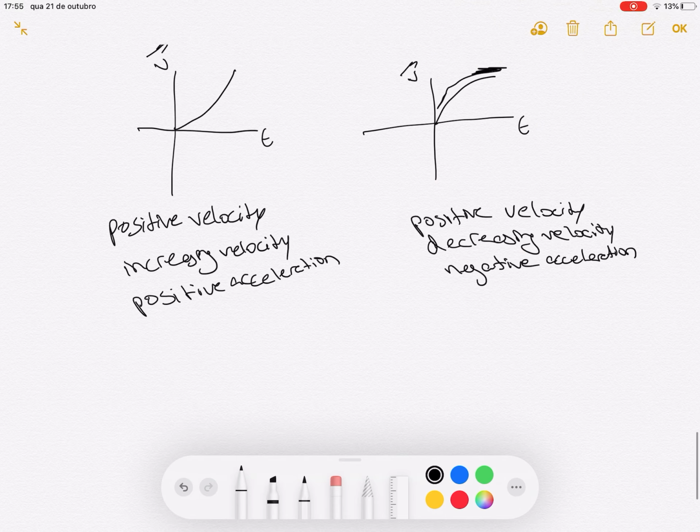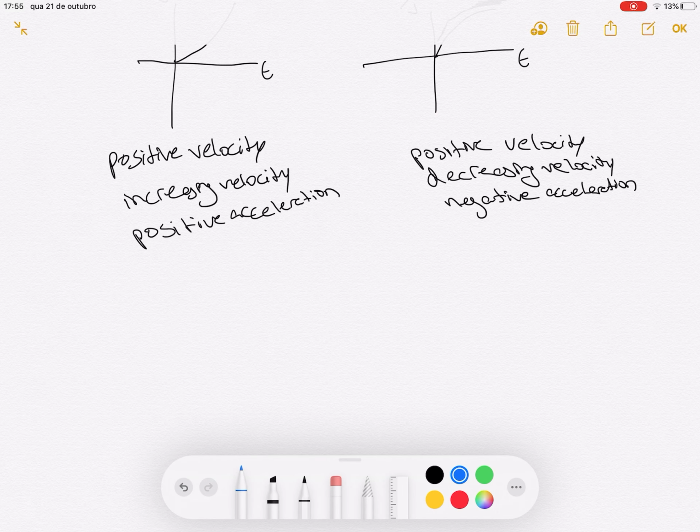Now, a helpful diagram to help understand when things are positive and negative, because it might be confusing, is this. So one diagram we can draw to help understand what things are negative, what are positive, increasing, decreasing, all of that, is this.